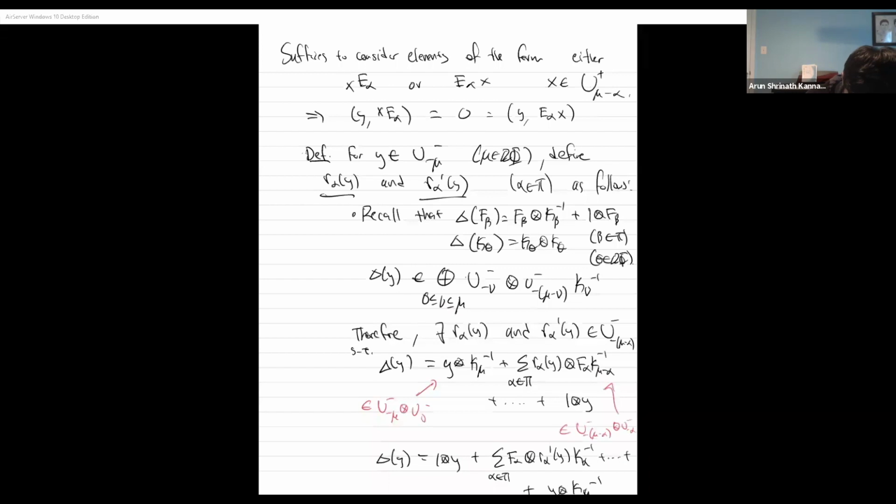And then similarly, this is an element of u0 minus tensor u minus mu minus, and that is an element of u minus alpha minus tensor u minus mu minus alpha minus.